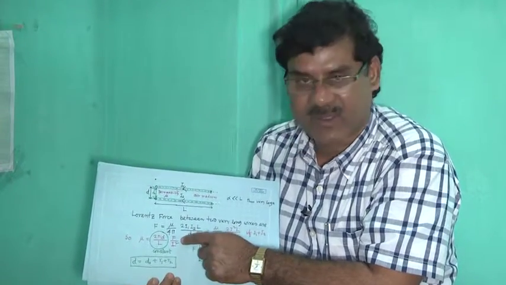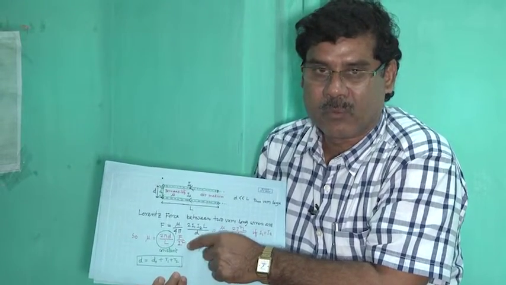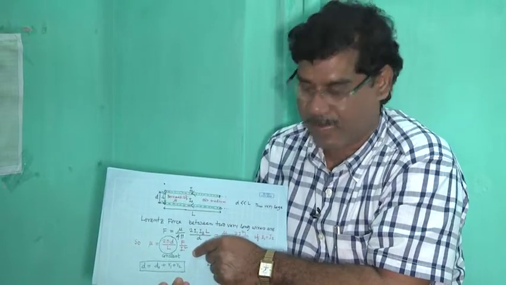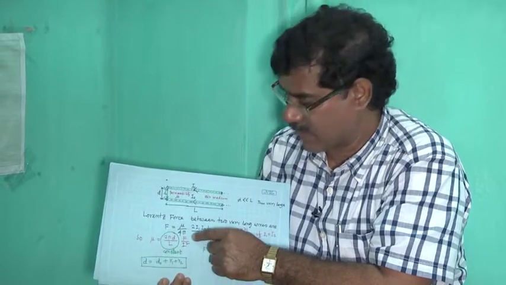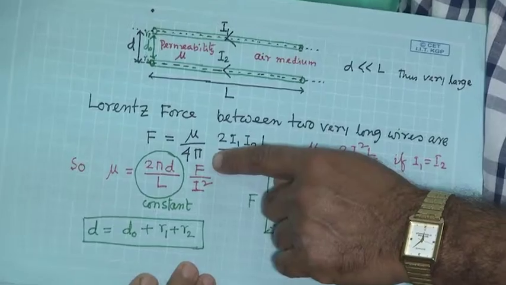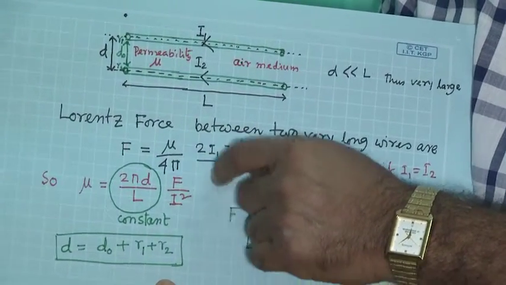That is the main part of this experiment, and then we will plot graph F versus I square, and from that graph we will find out the slope. That slope is basically F by I square.